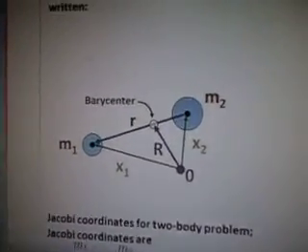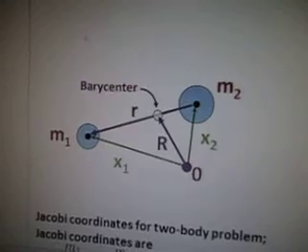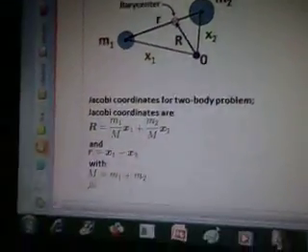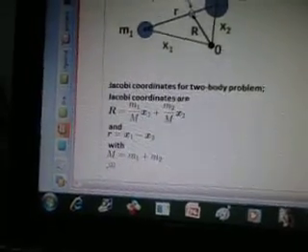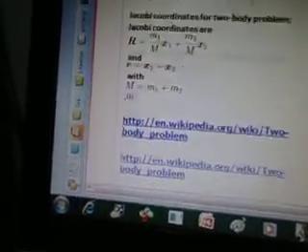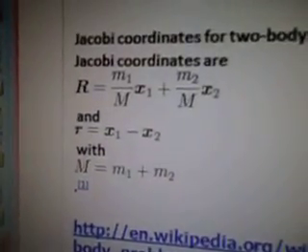Otherwise, there would not be translational symmetry, and the laws of physics would have to change from place to place. The subtracted equation can therefore be written. So there's your barycenter with your M1, M2, X1, X2, R, and 0. So it says Jacobi coordinates for a two-body problem, R equals that. Okay, and that's what came up there.